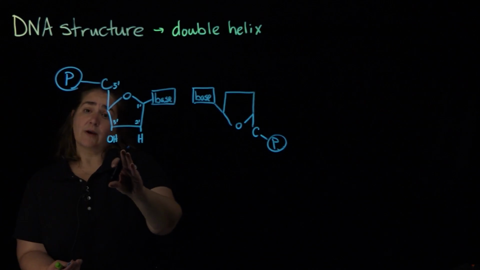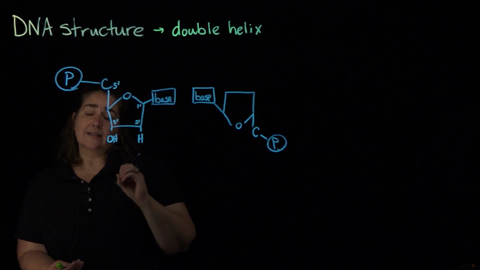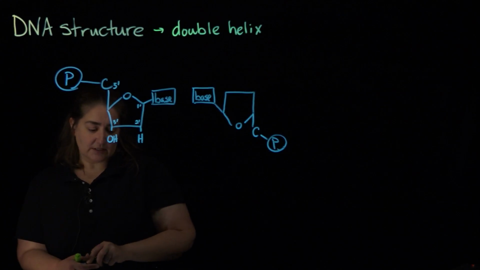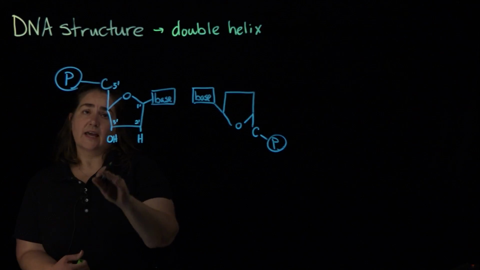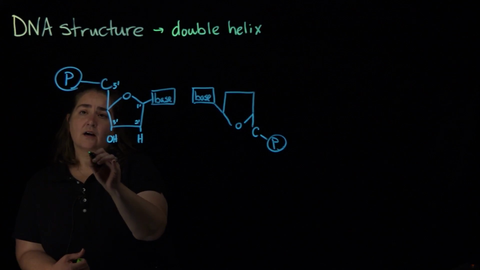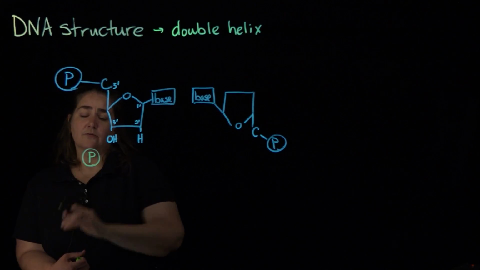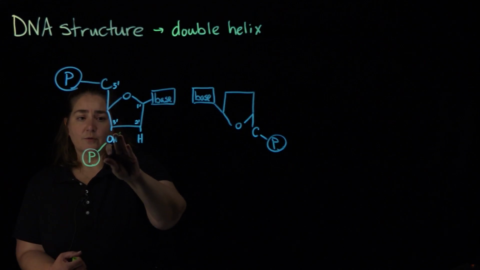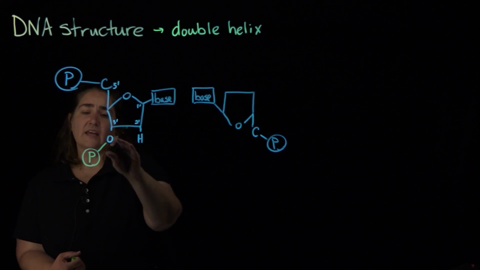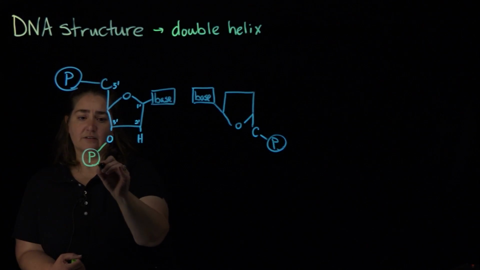Now, when DNA replicates, it's going to add the new nucleotide to the 3' end. So what's going to happen is our phosphate group from our next nucleotide is going to form a bond at that 3' carbon, all right?